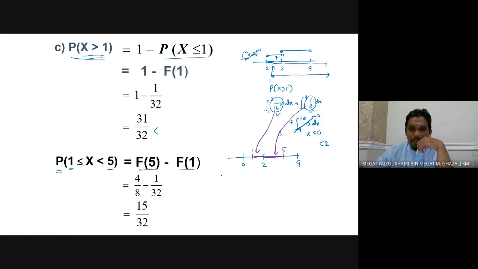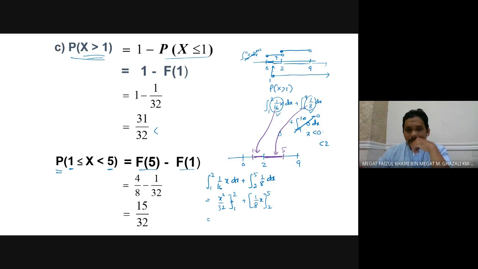So the first one here, integral from 1 until 2, 1 over 16x dx, plus integral from 2 until 5, and the function is 1 over 8 dx. So integrate this, it will give you x squared over 32 plus 1 over 8x from 2 until 5.